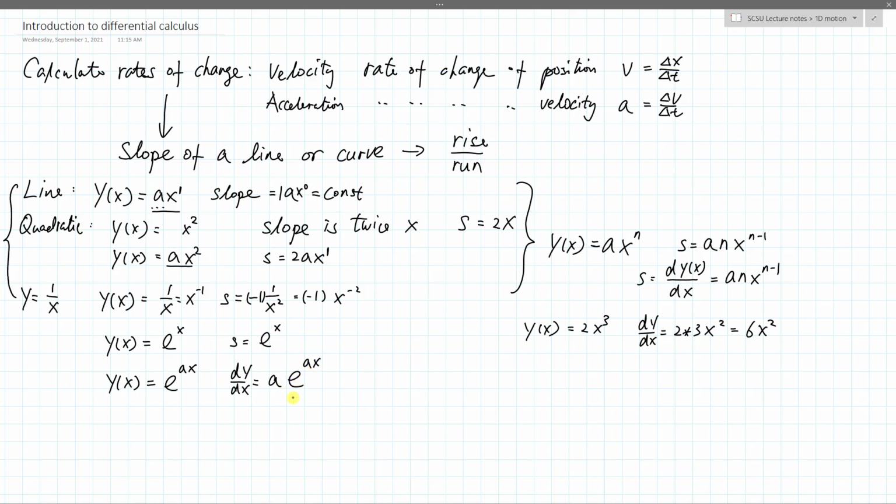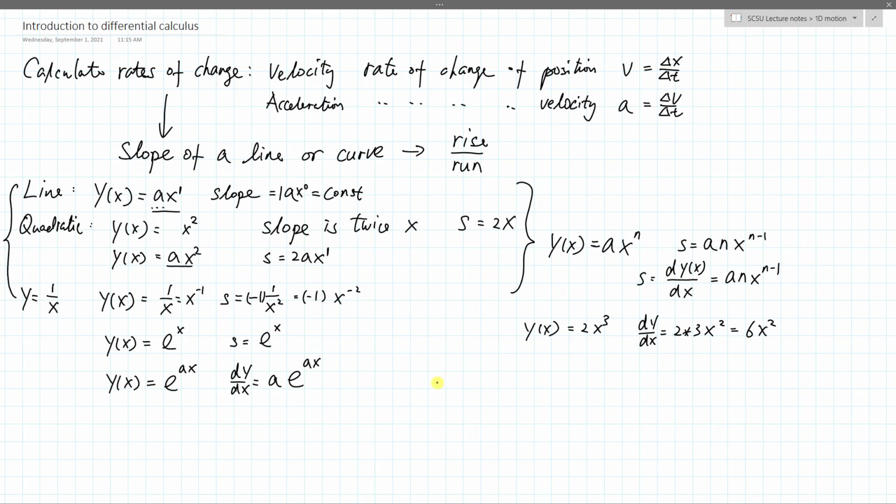So essentially this non-changing part, the function being its own derivative story, is maintained, except that there's a factor that drops out. And you can also do natural log, sine, cosine, but I think we have gotten enough, because the purpose of this introduction is to support kinematics in 1 and 2Ds, which is primarily just polynomials up to the second order. So I think we have done well enough.